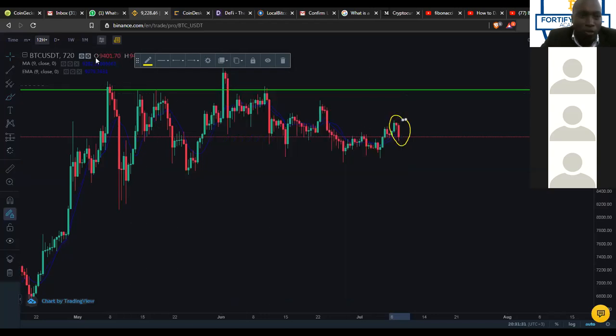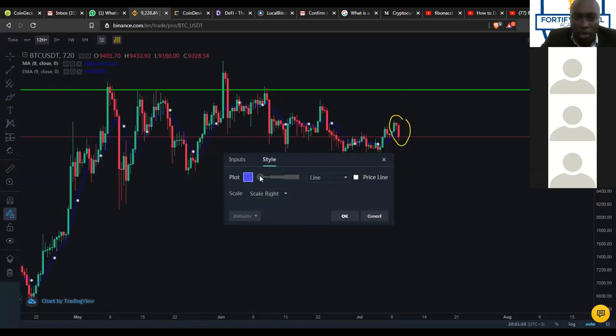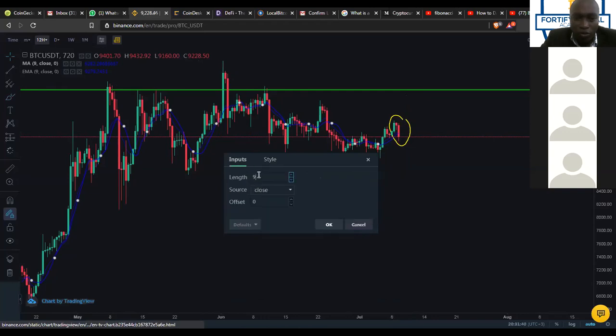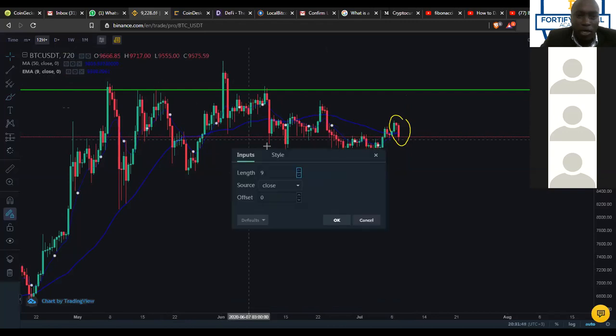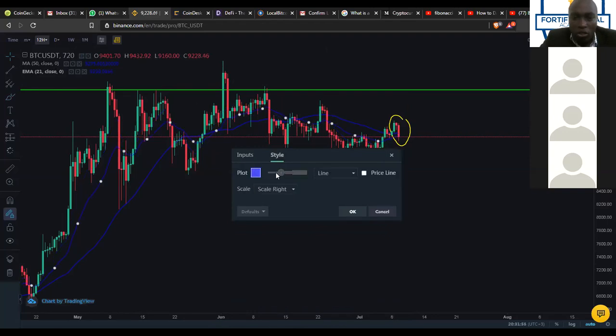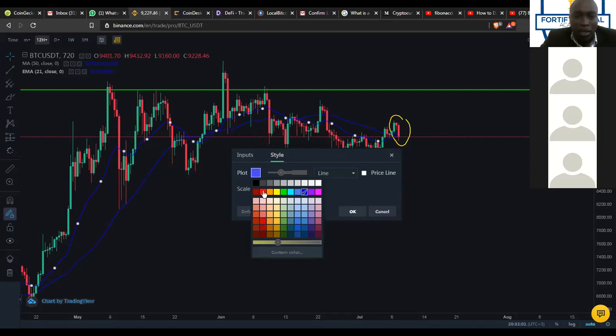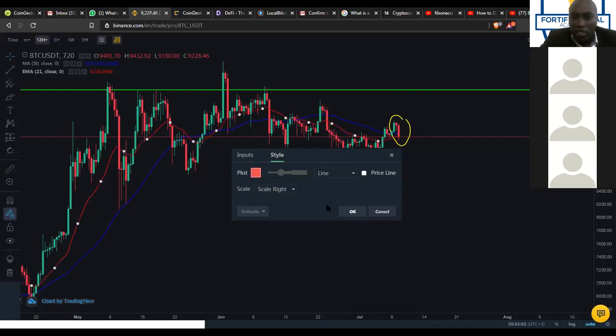I'm trying to put in the moving averages, so I'm going to put in this one. I'm going to increase the boldness. I change the input to 50 so that this becomes a 50 simple moving average with the color blue, and then I change the 21 EMA and put the input as 21, and in style I want to make it bolder and change the color, maybe red.